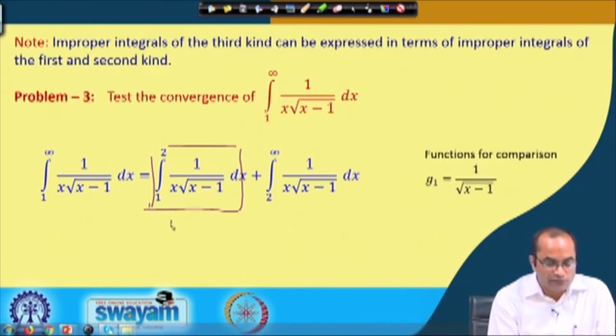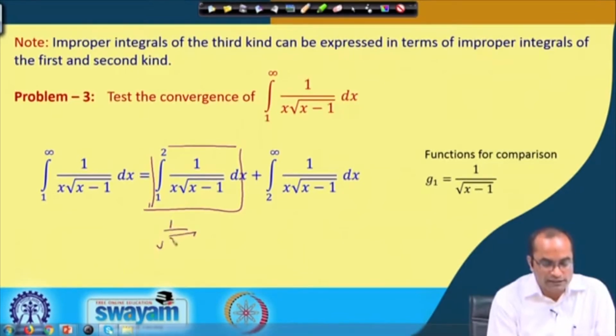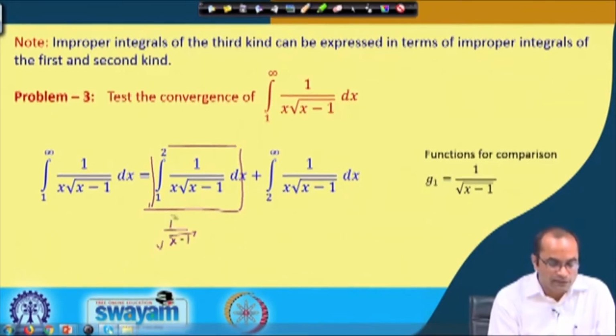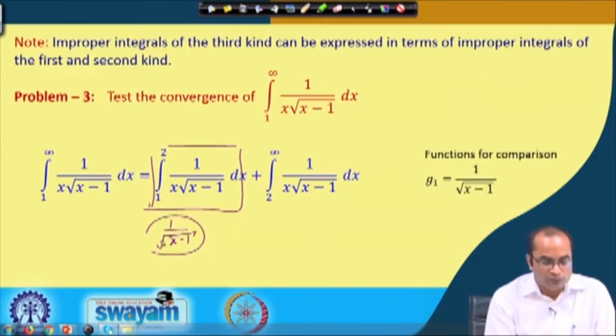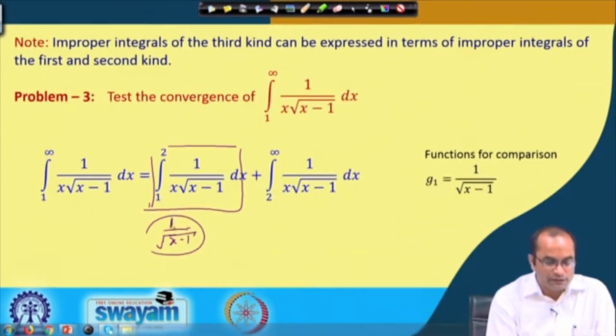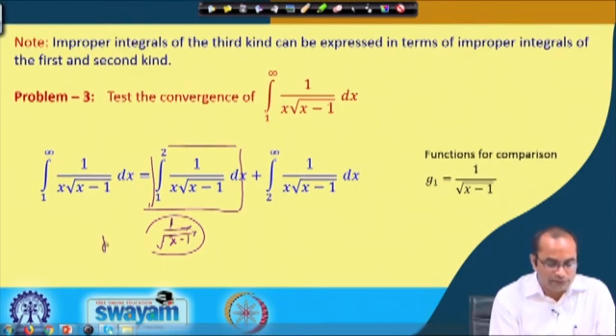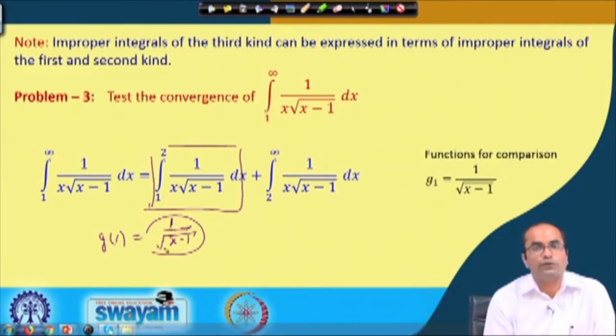So, the factor 1 over square root x minus 1 is creating this unboundedness in the function as x approaches 1. So, we will compare with the function g x, or g 1 x, as 1 over square root x minus 1.